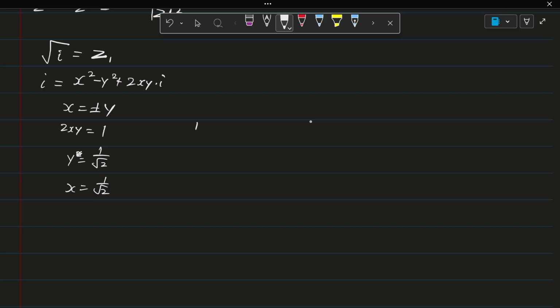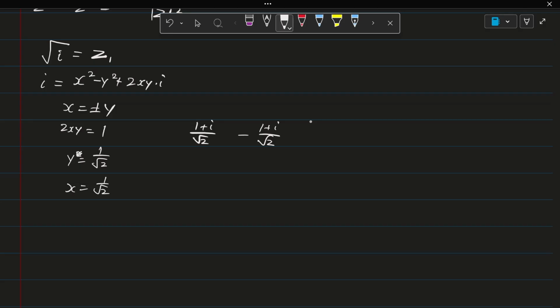So this gives you certain complex numbers that express the square root of i. It's 1 plus i over the square root of 2, or it could also be negative 1 plus i over square root of 2. So the square root of i corresponds to two different numbers. This is where complex numbers become much more complex, because certain functions give you multiple different answers.